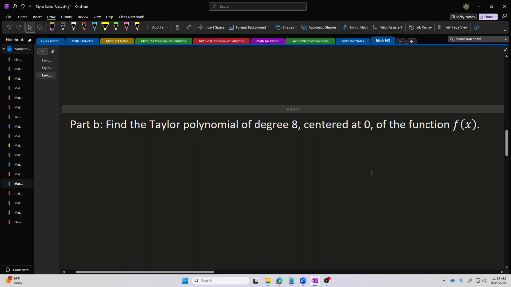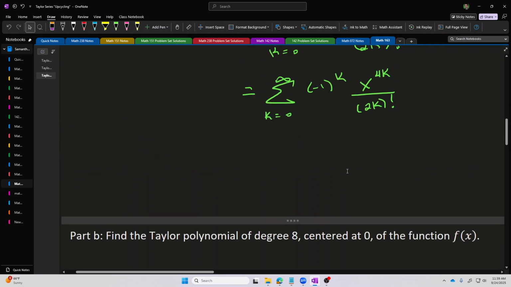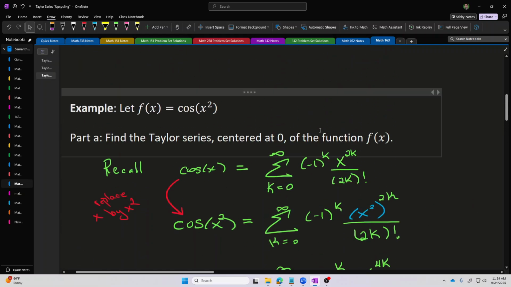So once again, I emphasize what you do not want to do in this situation is try to find, God forbid, 8 derivatives of cosine of x squared. That's going to be very time consuming, very labor intensive, and you're going to be very likely to make a mistake somewhere along the line.